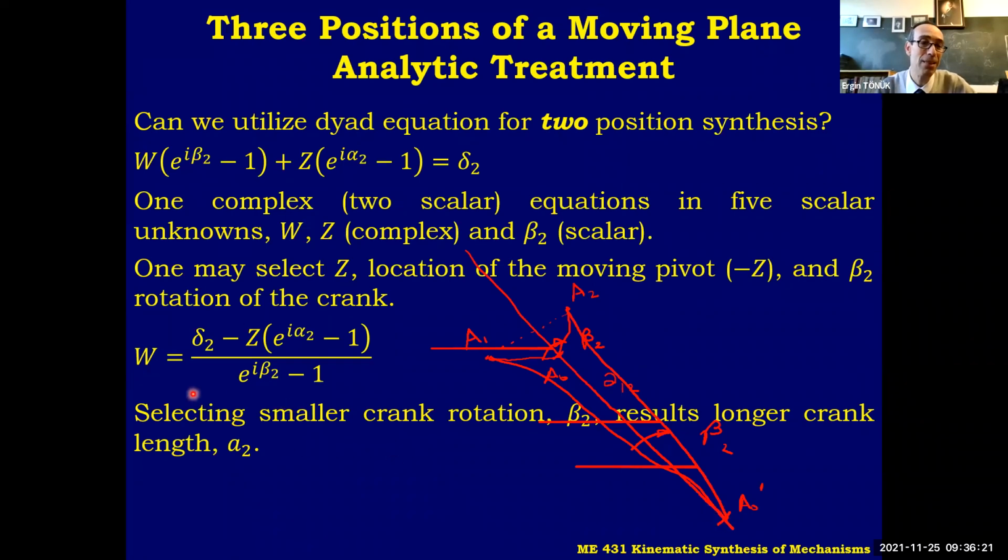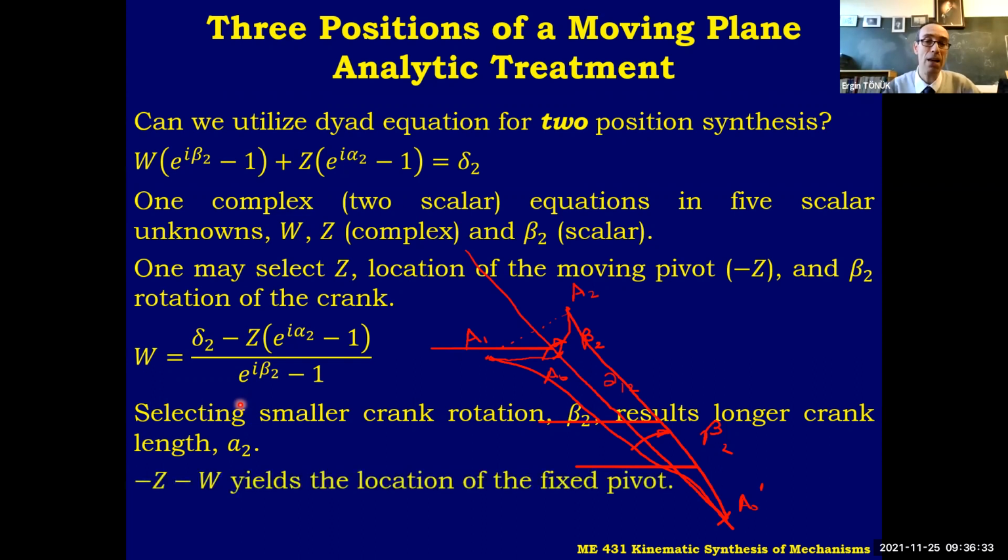So the same consequence occurs there. So actually it's the same image, just a different perspective. And you can obtain the location of your A0 by negative Z, negative W vector, okay, from point P.